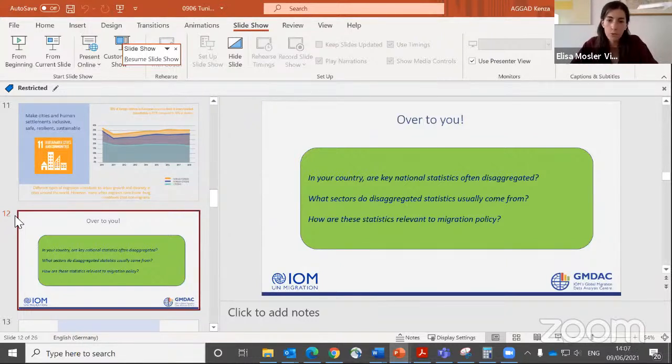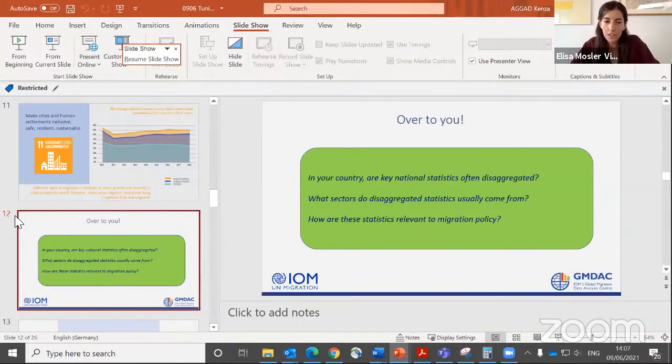And so I wanted to pause here very briefly also to ask you a few questions in terms of what statistics are disaggregated or not disaggregated in your country that are really important for migration policy in your context, what sectors tend to disaggregate data and not, and how are these data used for migration policy, or perhaps are they not used enough for policy?